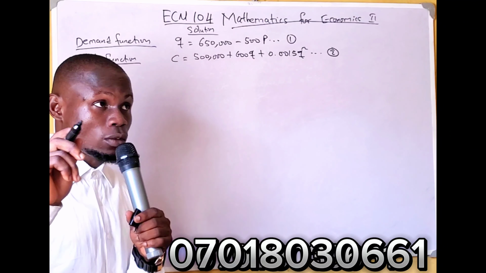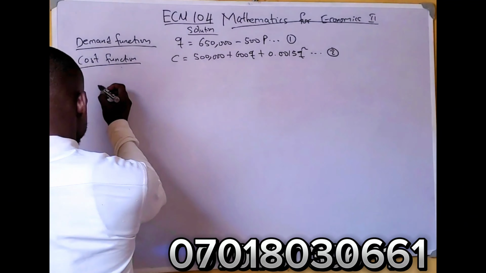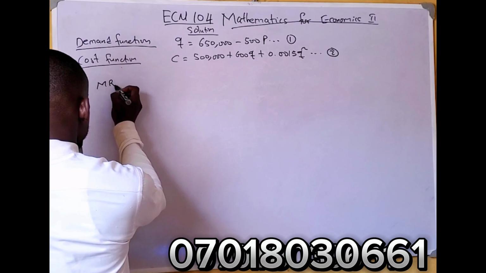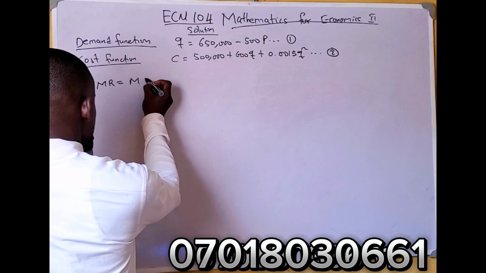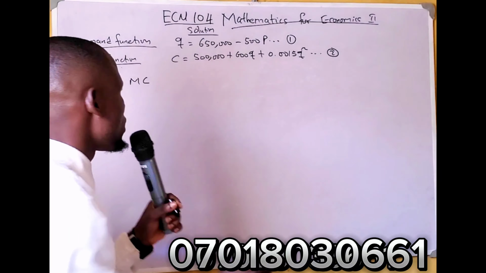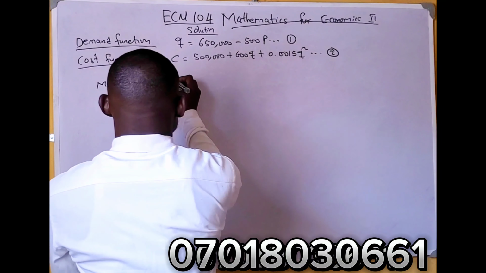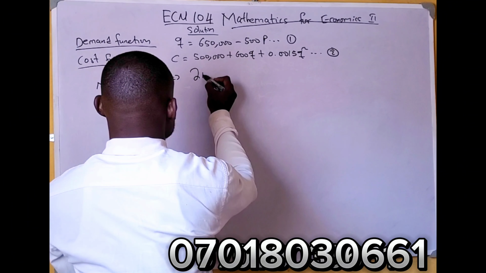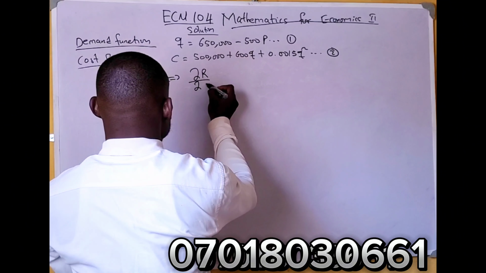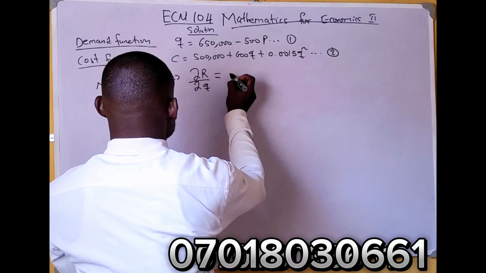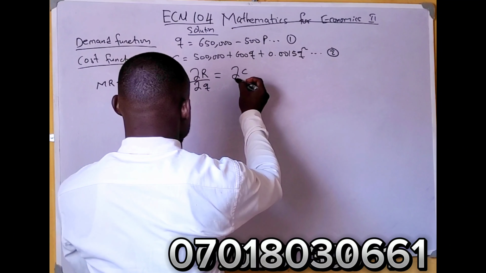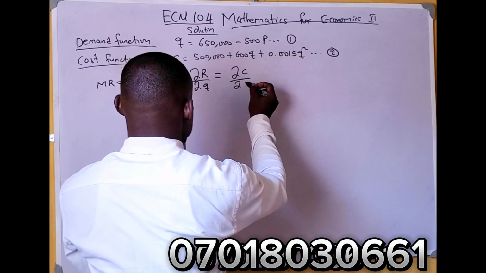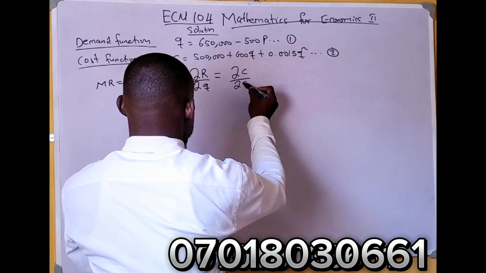The necessary condition for it is that your marginal revenue must equal what? Marginal cost. Which is the same thing as the derivative of revenue with respect to Q must be equal to the derivative of cost with respect to Q.